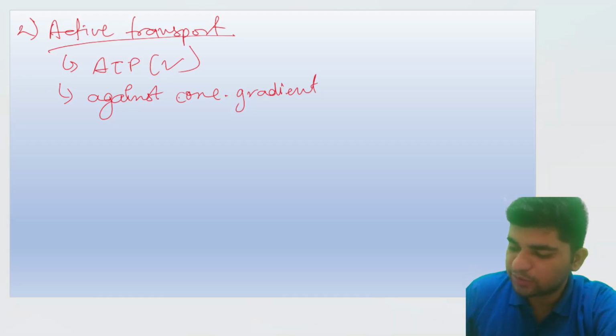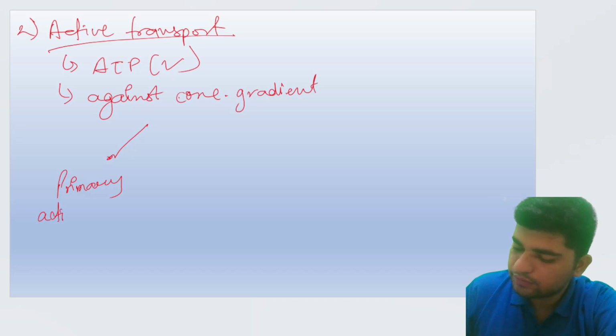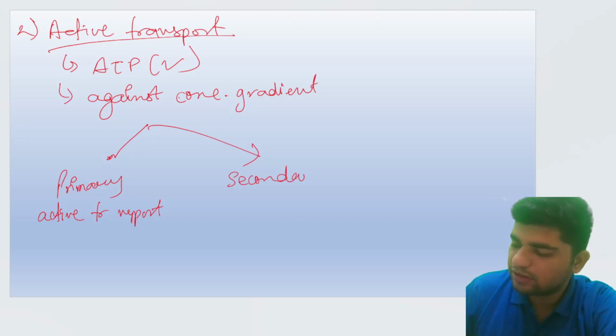There are two types of active transport. First one is primary active transport. The second one is secondary active transport.